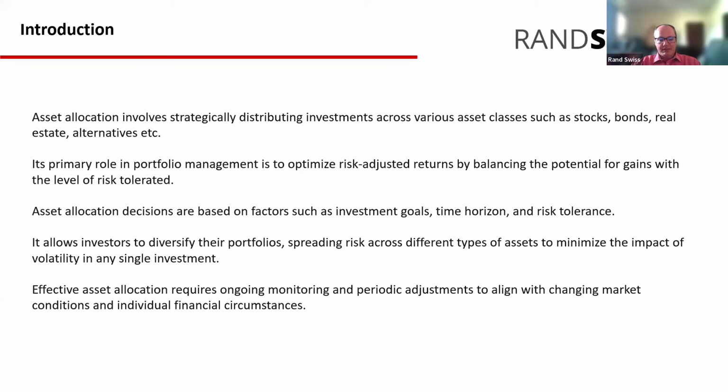At Ransus, we don't give you a portfolio of instruments, stocks, whatever they may be, local or offshore, and then leave you and not chat to you for the next 5 years. That's not how it works. And we feel that it is very important for effective asset allocation to monitor these on an ongoing basis, and then obviously periodically adjust as we see changes happening in the market, etc.